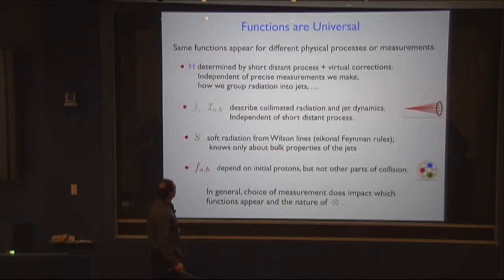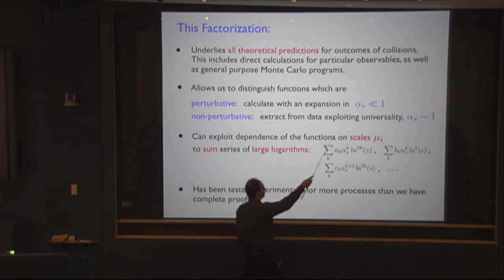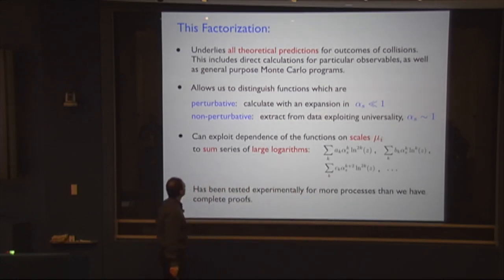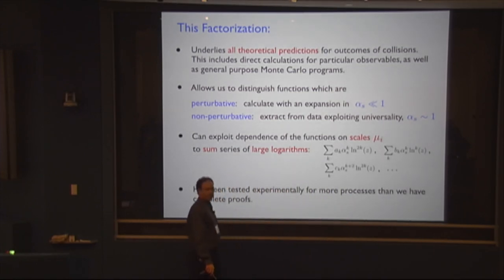That's particularly important here because some of the functions can't be calculated in perturbation theory, like the ones associated to the proton. By having this factorization theorem, we know which ones those are. We know some things should be expandable in the coupling, other things can't be. There are results related to resummation of logarithms, which is related to your question of these scales, these dividing lines. We can exploit those dividing lines to sum up infinite series of terms in the quantum field theory, and I'll show you an example of that later on.